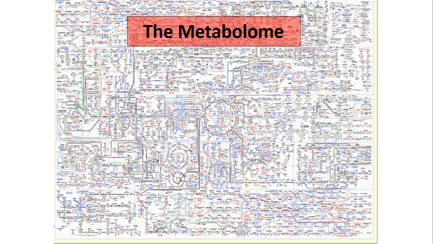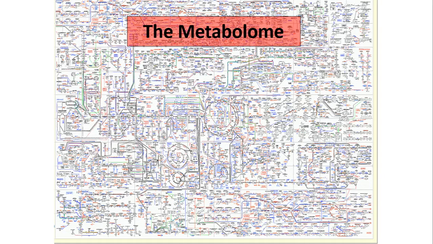In a similar way, people have also coined the term proteome. Proteome corresponds to the entire protein content of a cell, and the study of the entire protein content of a cell is called proteomics. The study of the entire genomic content of the cell is called genomics.